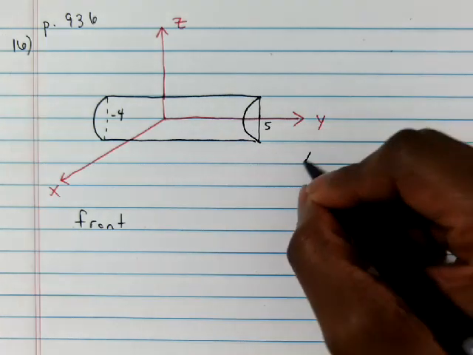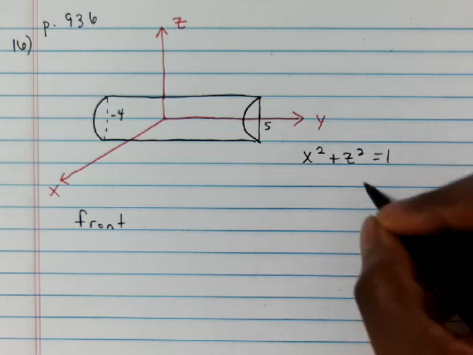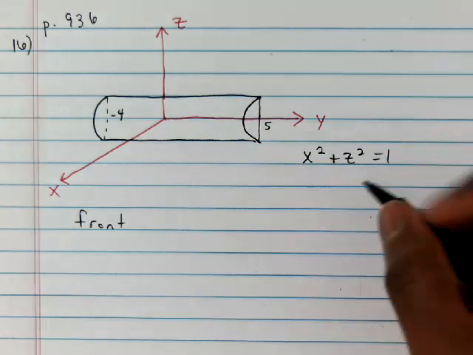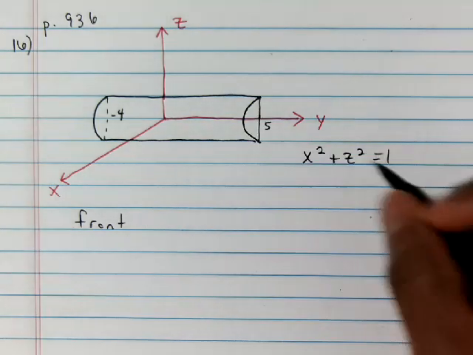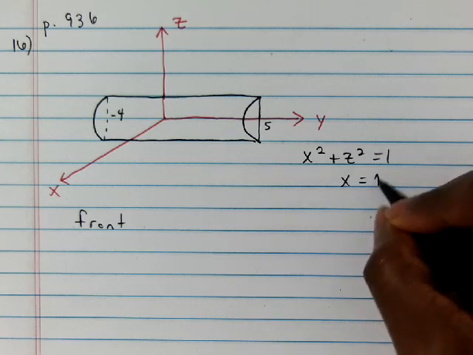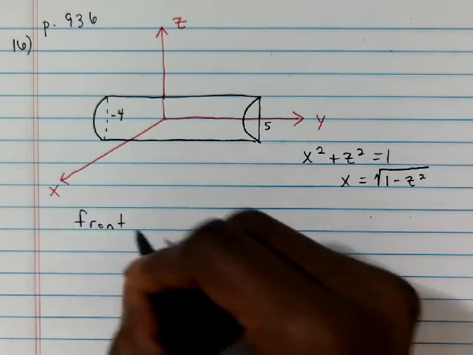If we take x squared plus z squared equals 1 and solve for x, notice we're just going to be looking at the positive x because this thing is bounded at the back by x equals 0. So this would give us x equals the square root of 1 minus z squared. That would be our front.